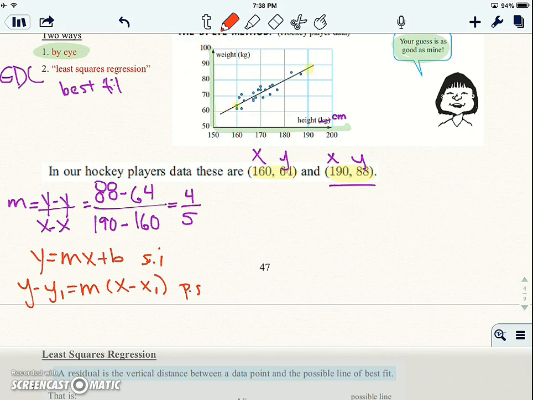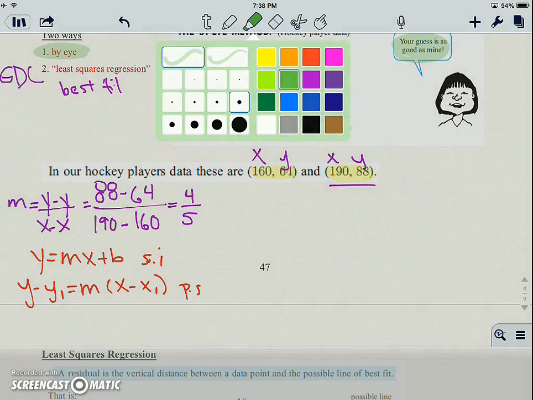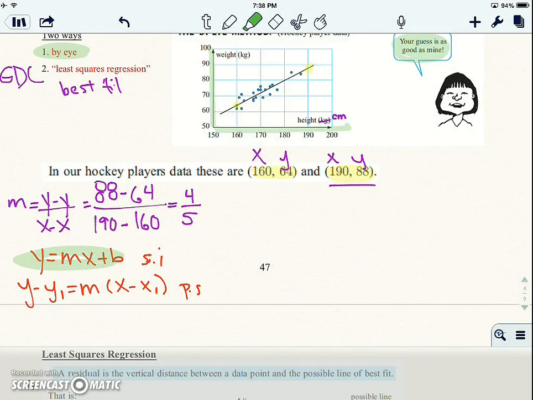I don't care if you remember those names. I'm going to go ahead and use this one just because I think often teenagers are more comfortable with it. So that's the slope intercept.